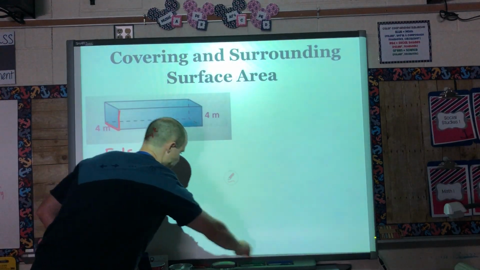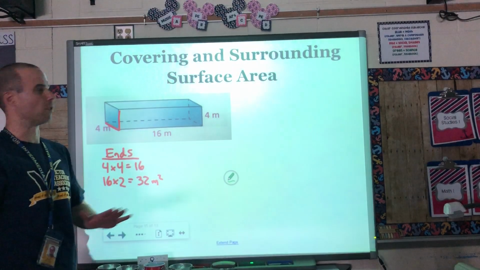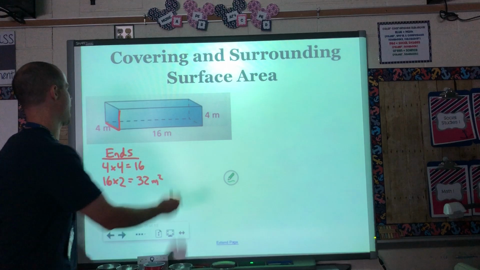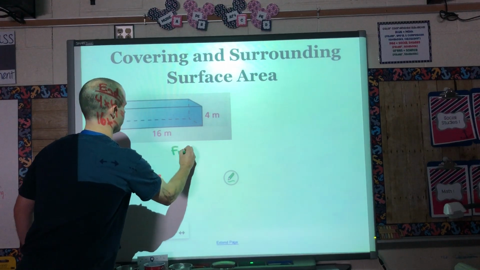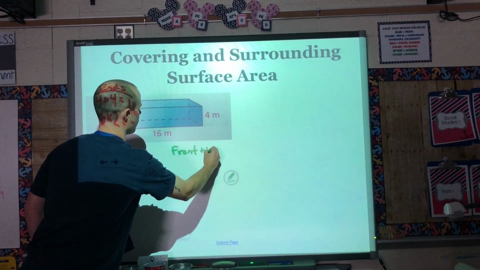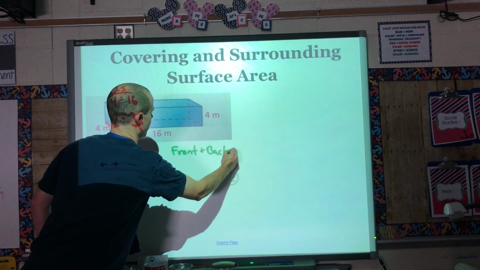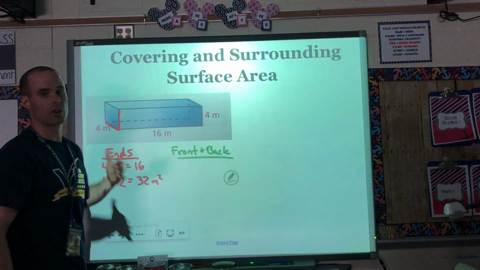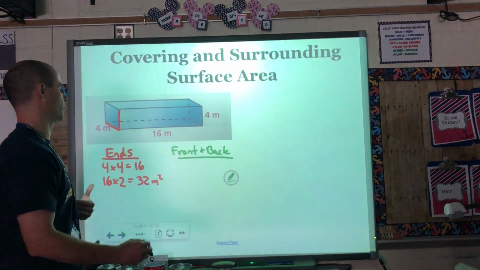Now what we can do is take a look at 2 more surfaces that are going to be the same. We can take a look at our front and our back. So I'm just going to label this here. Now we have our front and our back surfaces. And again, because it's a rectangular prism, those 2 surfaces have to be identical to each other.